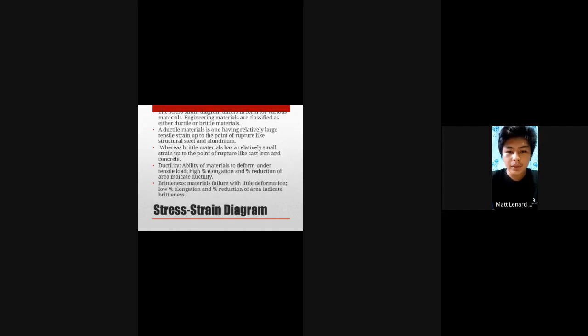Stress strain diagrams are generated experimentally through the performance of controlled tensile tests using fabricated test specimens. The applied load and displacement are monitored during the test and are used to calculate stress and strain respectively. Next, the stress strain diagram differs for various materials.